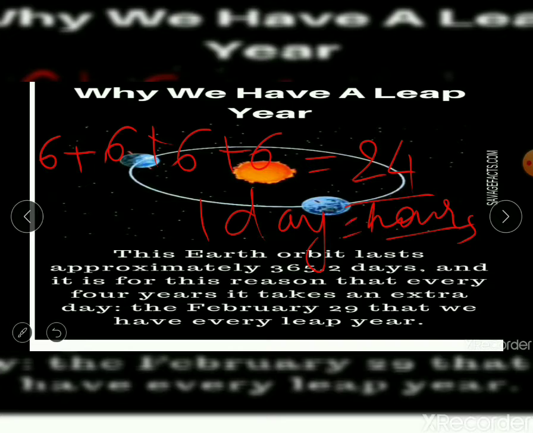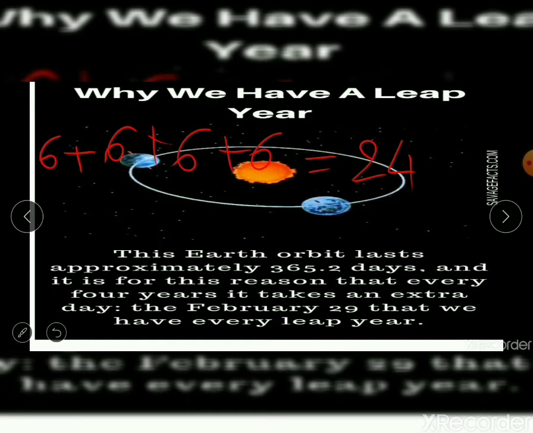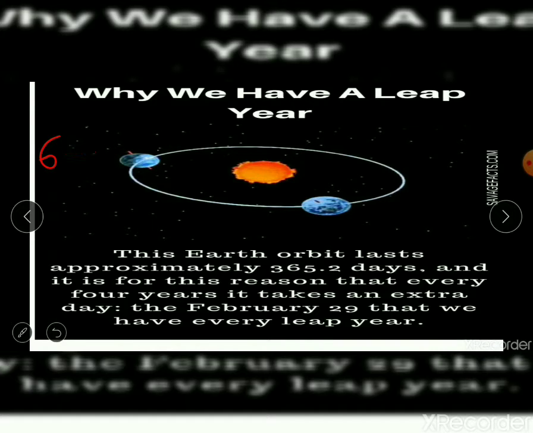And that 1 day is added in the month of February. That's why you can see that in the month of February, sometimes it is 28 days and sometimes it is 29 days. Why is it 28 and 29? It is a leap year, so it will have 29 days. And in that year, a total of 366 days will be there. So that's why that year is called a leap year.